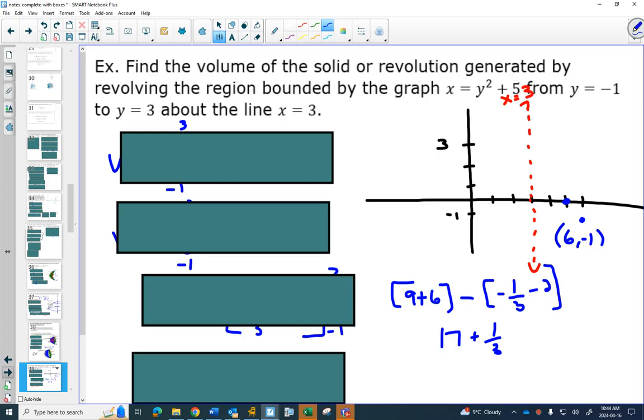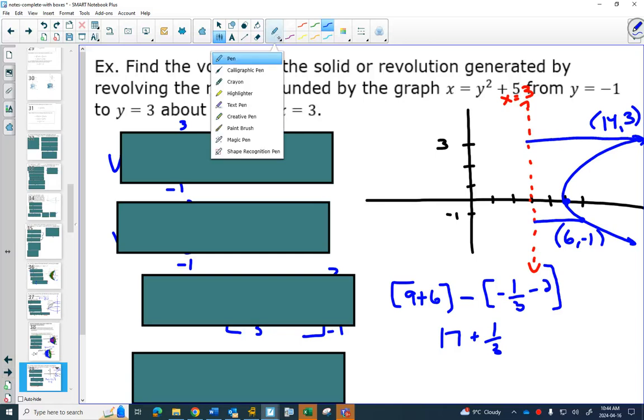When y is 3, x is going to be 14. I just plugged in part of that parabola. This will keep going, right? This is the purple part of our graph.